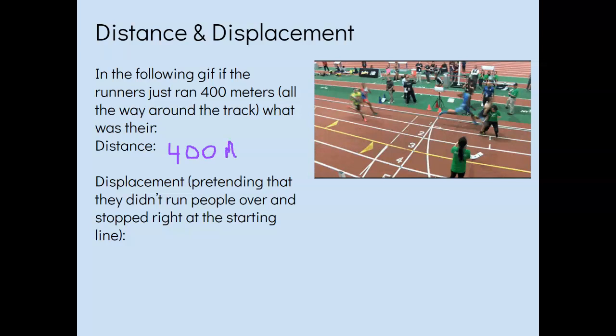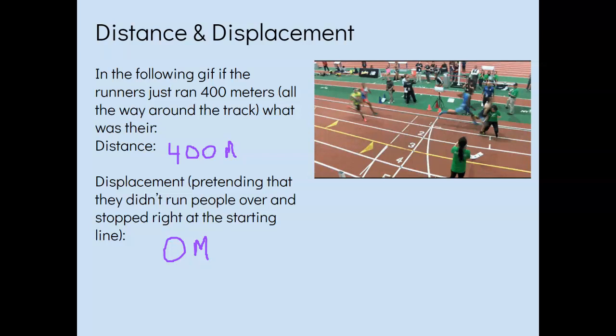And then the displacement of these, pretending that they didn't run people over and stopped right at the starting line, the displacement would be 0 meters, because they are ending in the same place they started. So the shortest distance from where they started to where they ended up is 0.